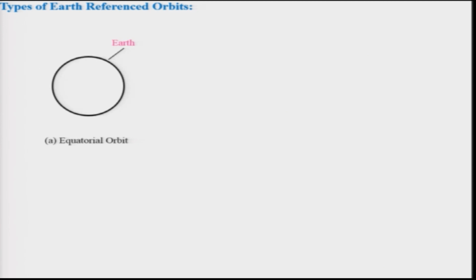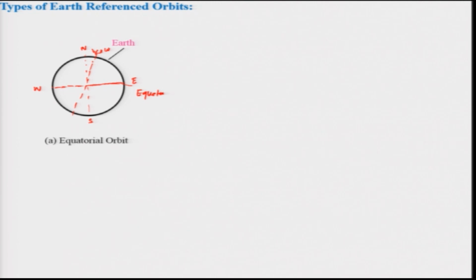If this is your Earth, there will be the North Pole and the South Pole, and this is your equator, and this is the west and this is your east direction. Of course, keep in mind that the Earth rotates about this axis with some rotation omega, making a certain angle.